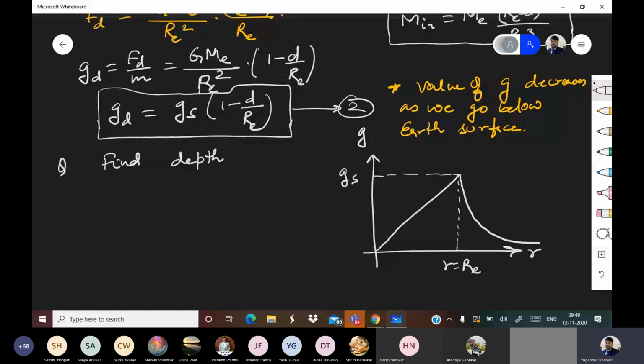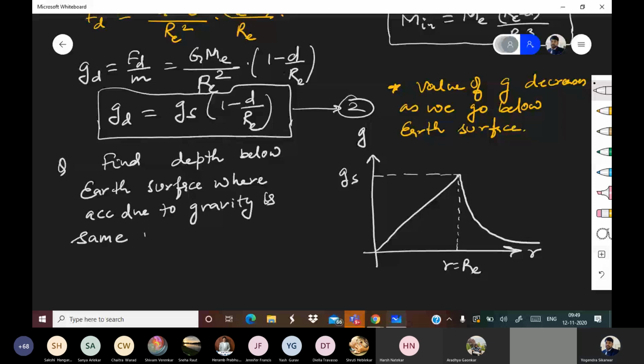Okay. So the question was: find the depth below Earth's surface where acceleration due to gravity is the same as 5 kilometer above Earth's surface.